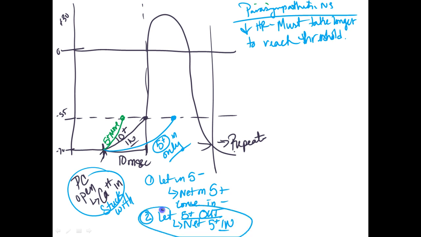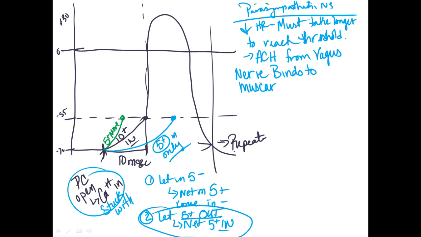This option here is exactly what the parasympathetic nervous system does. Okay, so again, as you recall, the parasympathetic nervous system is going to release ACH. So we're going to have ACH, acetylcholine, from the vagus nerve, binds to muscarinic receptors, okay.